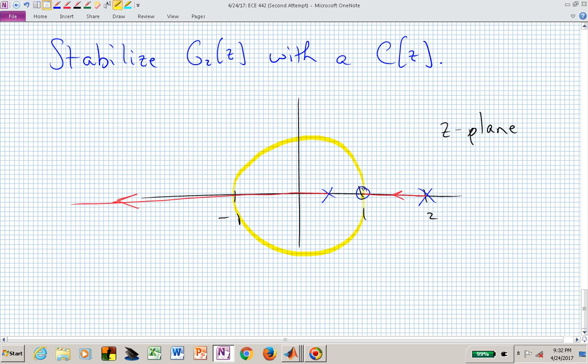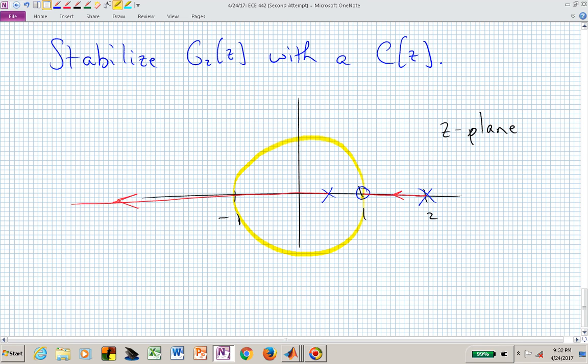If this is now our unit circle, we would want to be stable, both branches to be simultaneously inside that unit circle or inside that yellow highlighted region. Well, you can see that in order to get the pole that starts at 2 even close to the unit circle on the right side at z equal to 1, that would require a very large gain.